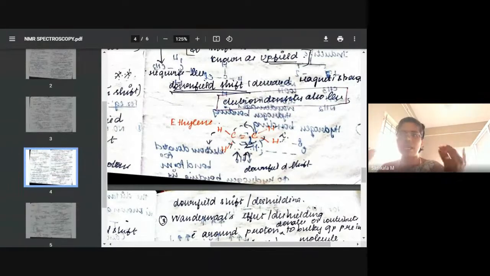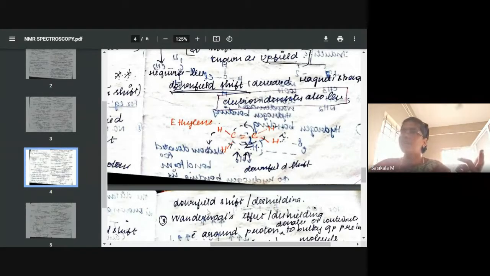In IR also, when hydrogen bonding forms, it requires less vibrational energy. Likewise here also, when a hydrogen bond forms, the electrons are contributing to hydrogen bond formation, either intermolecular or intramolecular. When the electrons that create the diamagnetic field are contributing to another bond, the concentration of electrons is deviated to form hydrogen bonding, so it loses its diamagnetic effect, and the protons become de-shielded protons.